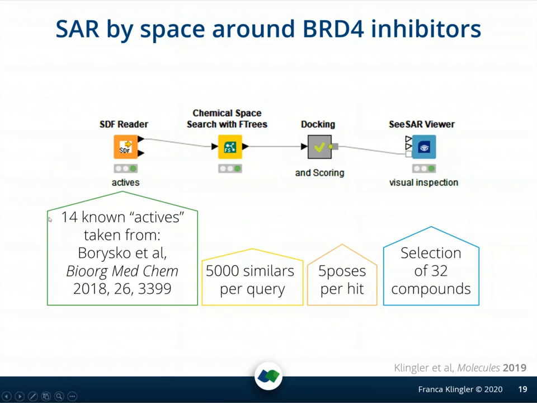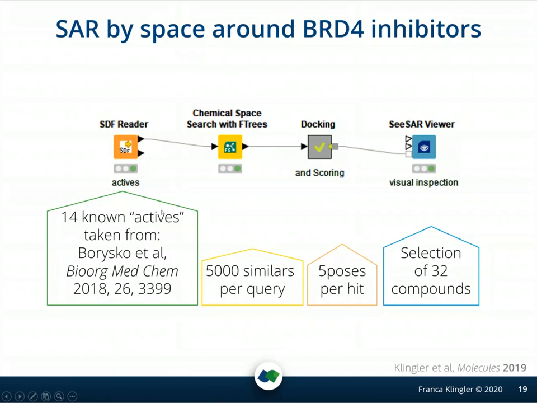There was a publication where they looked for molecules which inhibit BRD4, and they had found a good set of real binders and good inhibitors. And then they had a set of 14 known "actives", and I have put actives here in quotation marks, because those molecules showed a little bit of inhibition on the target, but basically no one could measure an IC50 because it must have been so high that you were basically out of what your assay could measure.